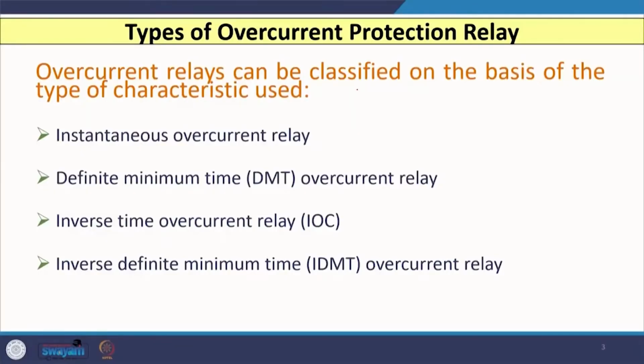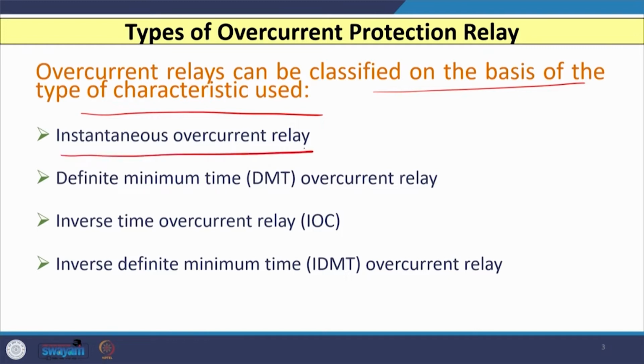Now we know that overcurrent relays can be classified on the basis of the type of characteristic used by the relay itself, and basically 4 classifications are available. The first is the classification based on the time of operation. Instantaneous overcurrent relays operate instantaneously.